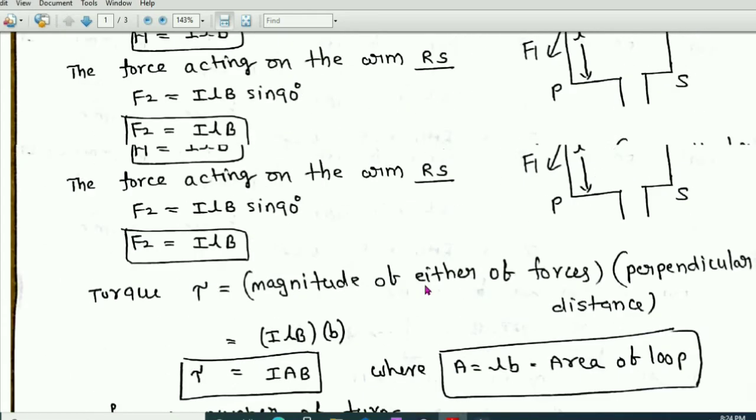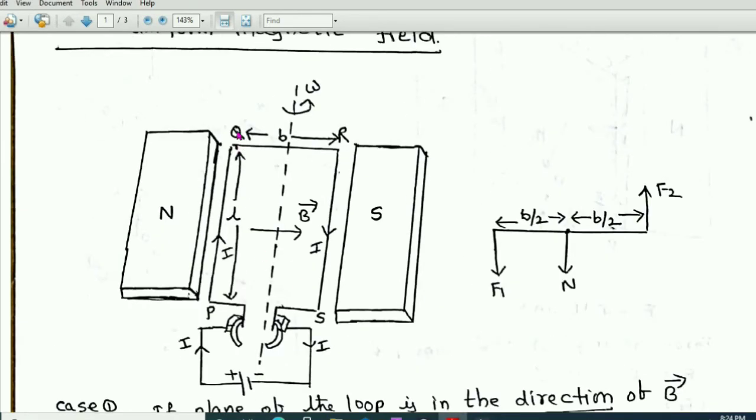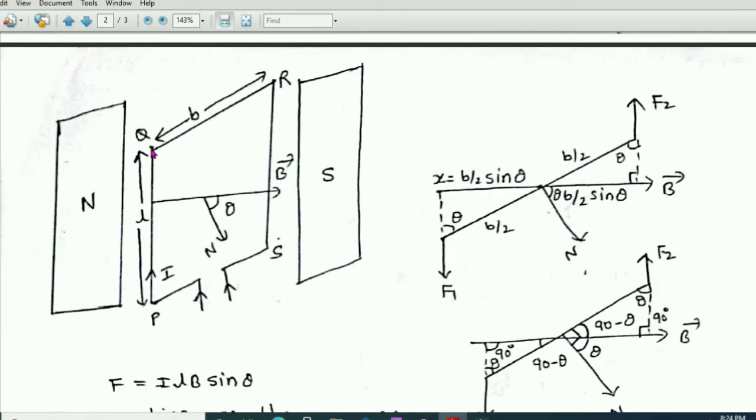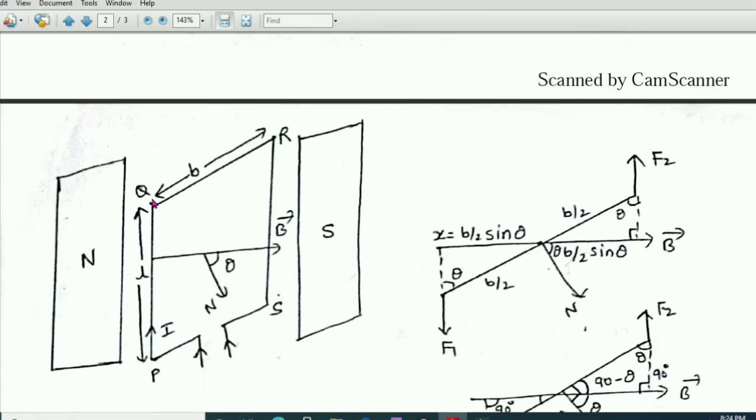In the previous case, the forces acting on the arms QR and PS were 0 because they are parallel to the direction of the magnetic field. But in this case, the arms QR and PS are not parallel to the direction of the magnetic field. That's why QR and PS experience some force.